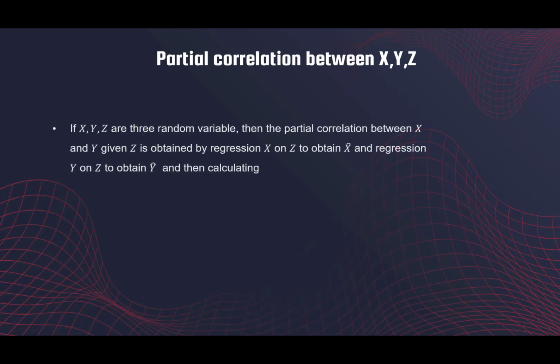The partial correlation between x and y given z is obtained by first regressing x on z to get x hat. Then we regress y on z and get y hat, and then calculate the correlation between these two quantities.